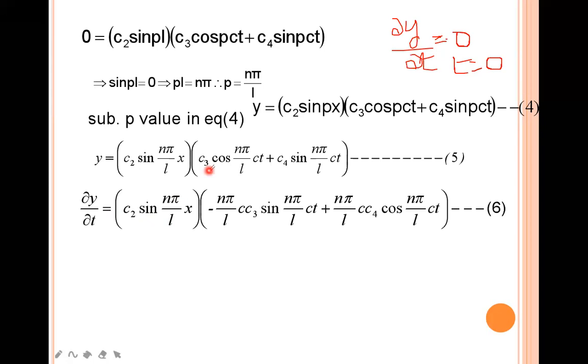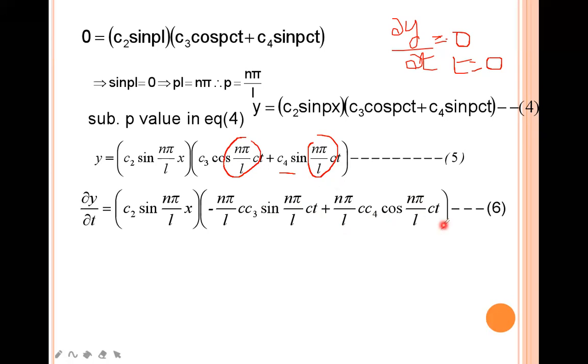C3 into derivative of cos, that is minus sin (n pi by L) Ct into the coefficient of t, which is n pi by L c. So the derivative of cos gives sin (n pi by L) Ct with C3, plus C4 into derivative of sin, that is cos (n pi by L) Ct into the coefficient of t, n pi by L c.